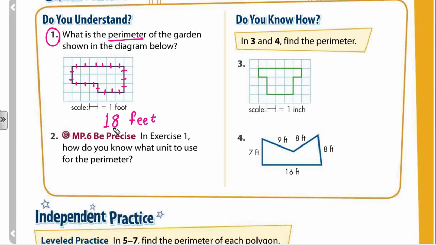And let's move to the next one. Haider. Yes, this is Haider. Okay, Haider, in the second question, we're using exercise 1 also. And the question is, how do you know what unit to use for the parameter?